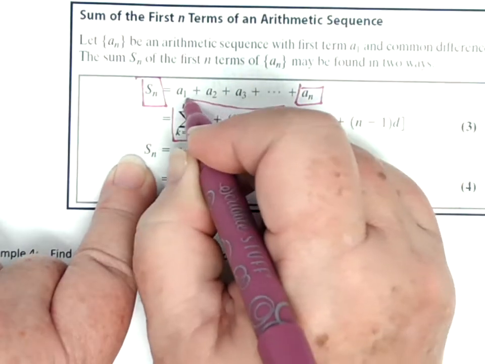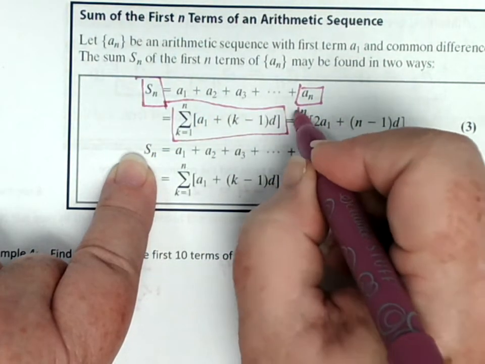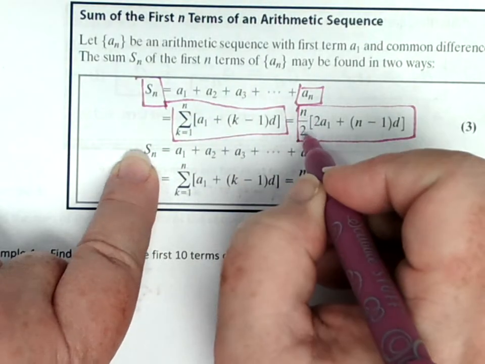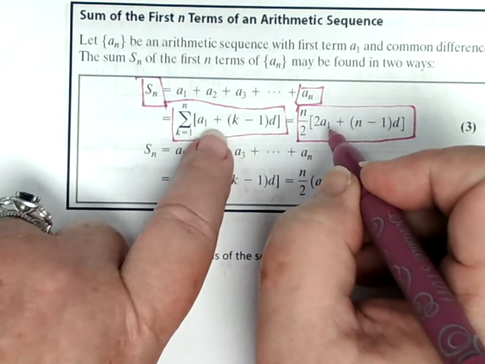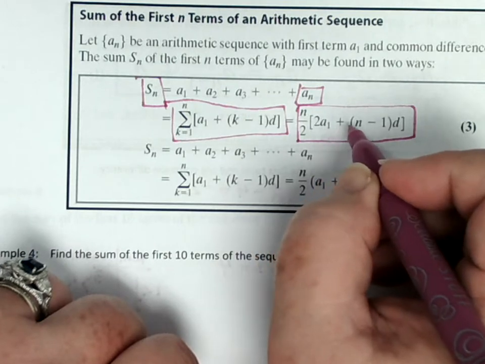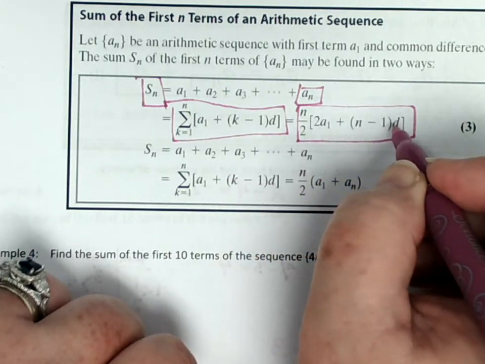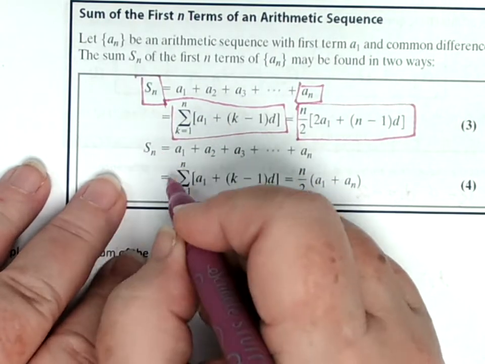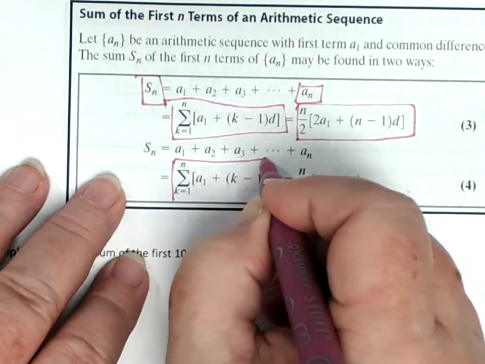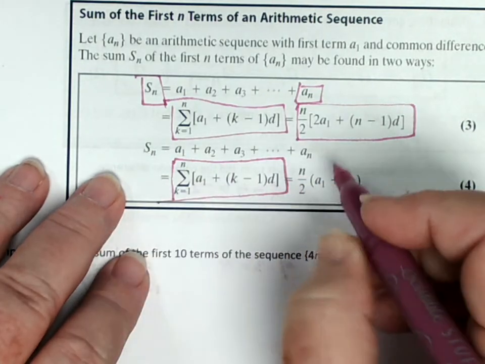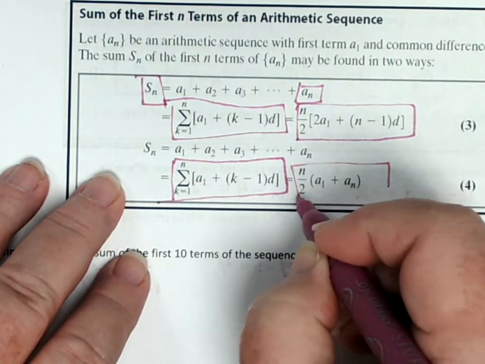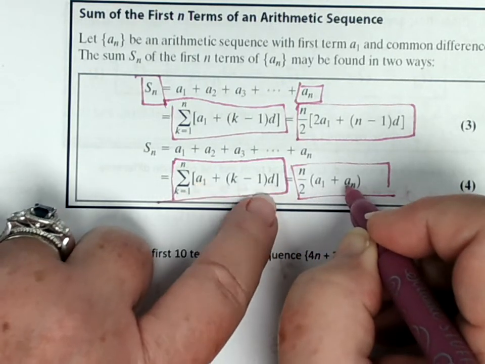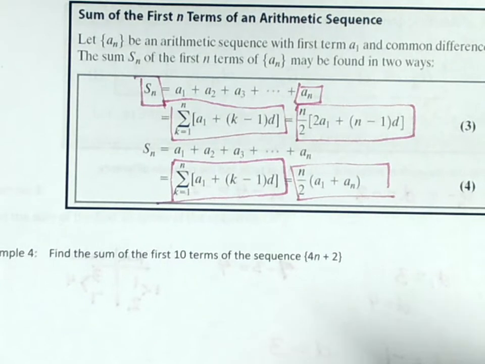We can solve it by taking n divided by 2, times 2 times the first term, plus n minus 1 times the common difference. That's if we have an n right there. Or the other method we could use is n divided by 2 times the first term plus the last term. So it all depends on what we have.